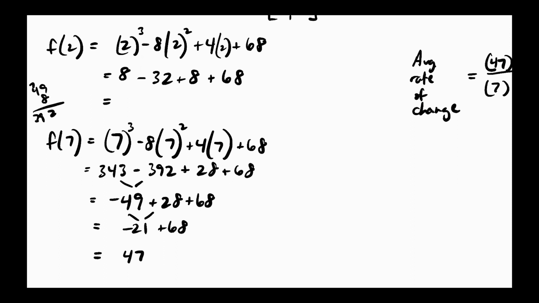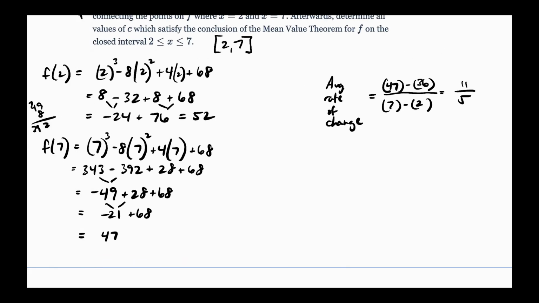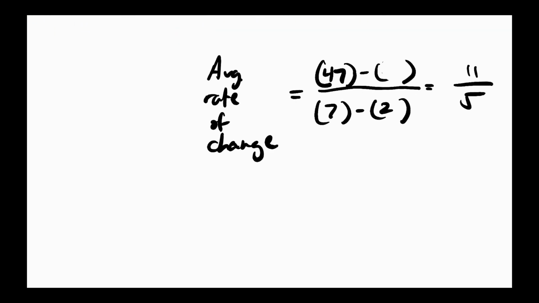So that's going to change this one. So we get negative 24 plus 76, which is 52. Okay, 52.